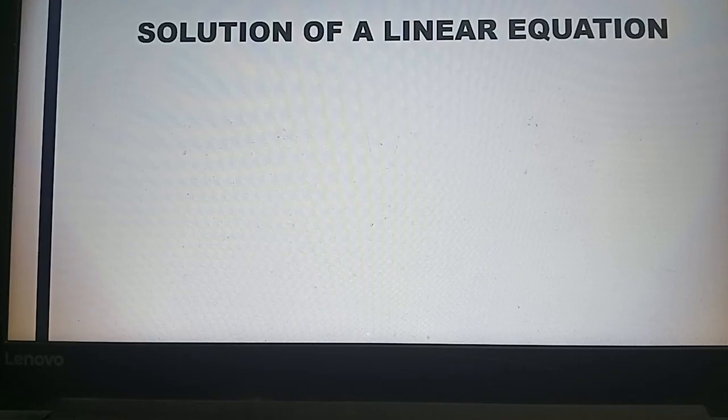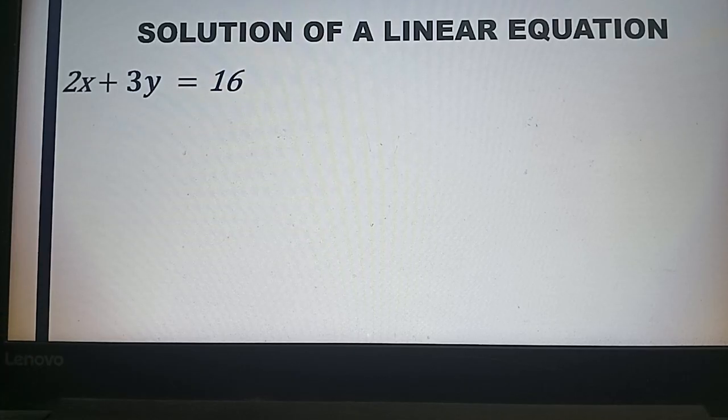What will be the solution of a linear equation? You may wonder what the solution will be, and how you can represent it in the graph plane or xy plane. For that, let us take one example, 2x plus 3y is equal to 16. Can we consider this as a linear equation in one variable? It will have only one solution.